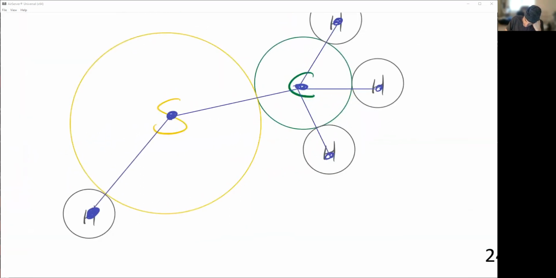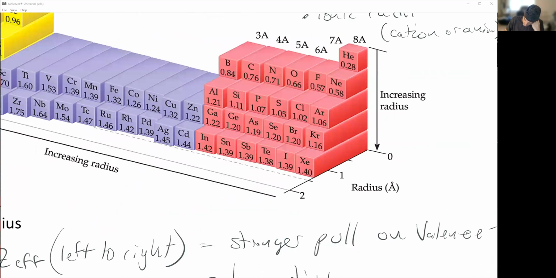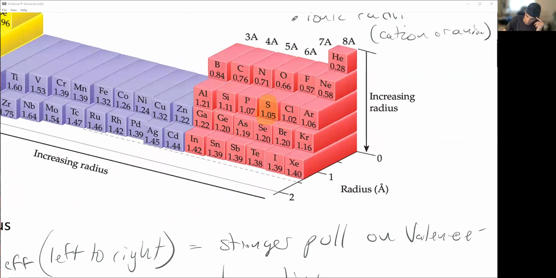Okay, so again, let's go back and look at our sulfur radii. Sulfur has a radius of 105. First of all, let's talk about this idea of radius in angstroms. Angstroms are kind of the old unit that they used to use.